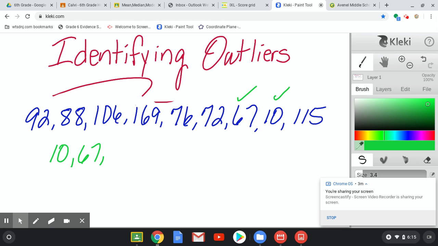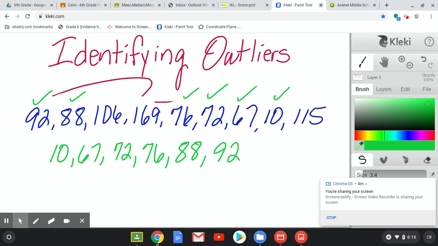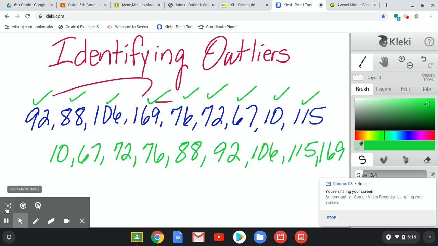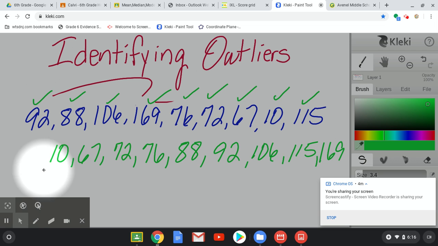Then I have 72, 76, 88, 92, 106, 115, and then 169.